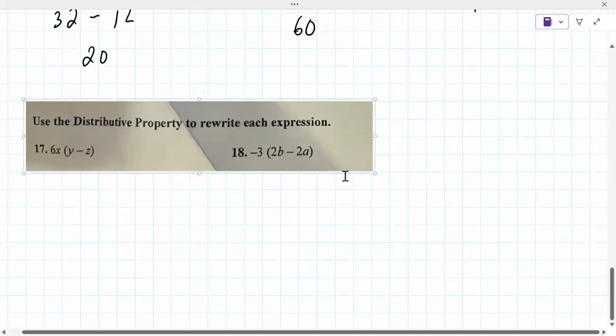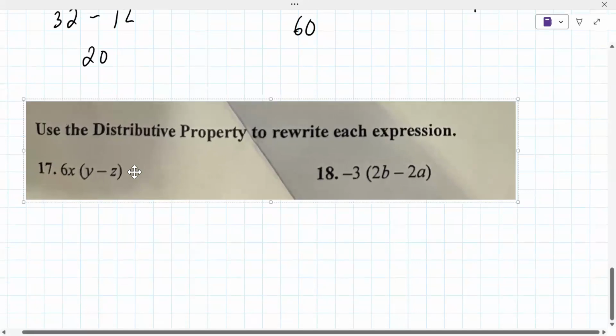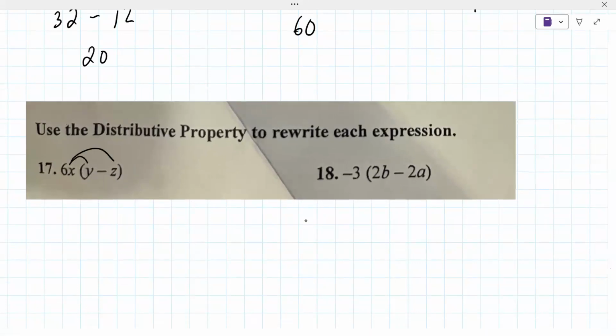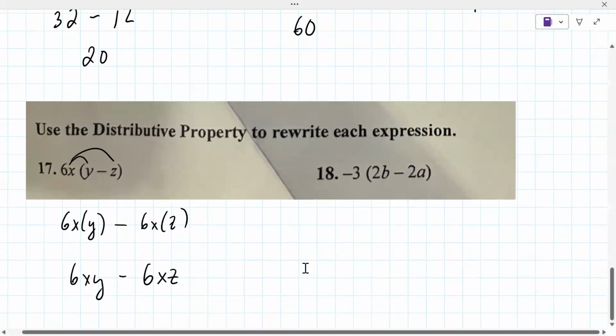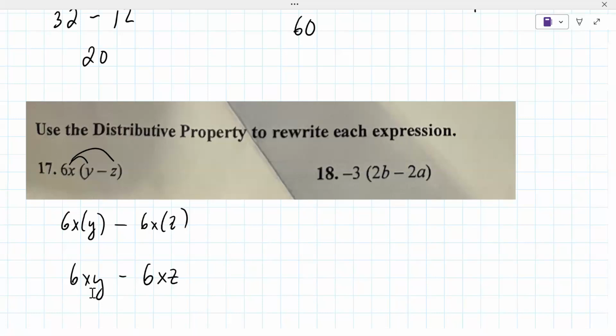So now the next thing here is they're saying, hey, you can do it with letters. It doesn't matter if it's a letter, you just multiply it in. This is 6x times y minus 6x times z, 6xy minus 6xz, like that. Now, why is it that we cannot combine these? What's the problem here? You can't combine them because you don't know what y and z are amounted to.